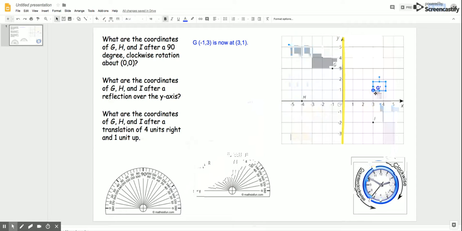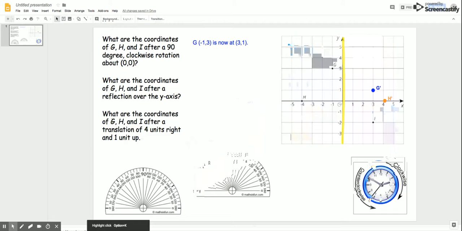So H prime, I'm going to go ahead and copy this point here. That means H prime has to be 4 units to the right of the line of reflection. So 1, 2, 3, 4, and we have H prime. So now we have H being reflected over the y-axis, making H prime.